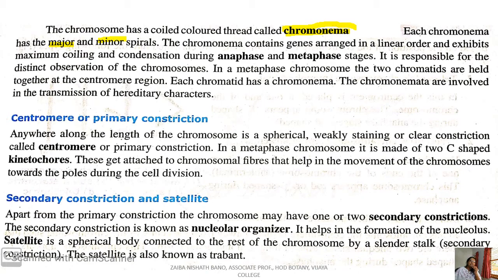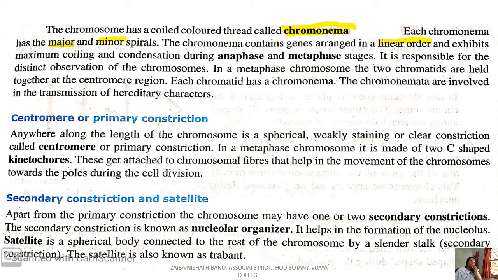These genes are arranged in a linear order on the chromosome, and you can study the chromosome best during the metaphase and the anaphase stage because the chromatin material is highly condensed, so you can study the chromosomes very clearly in these two stages.